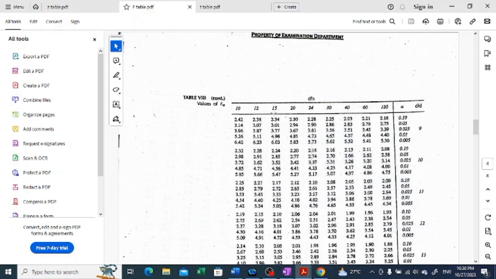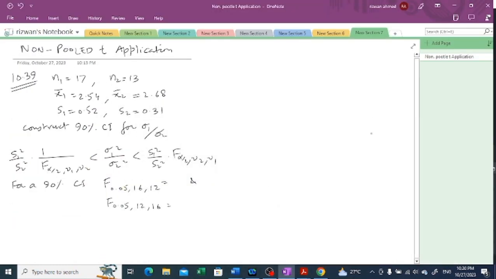So instead of the 16th column, we rely upon the value corresponding to the 15th column. 15th column, 12th row, and 0.05 is this one. This is the value 2.62. So 2.62 is the F value, and over here I am cancelling this out, changing it to 15, and 2.62 is the value.